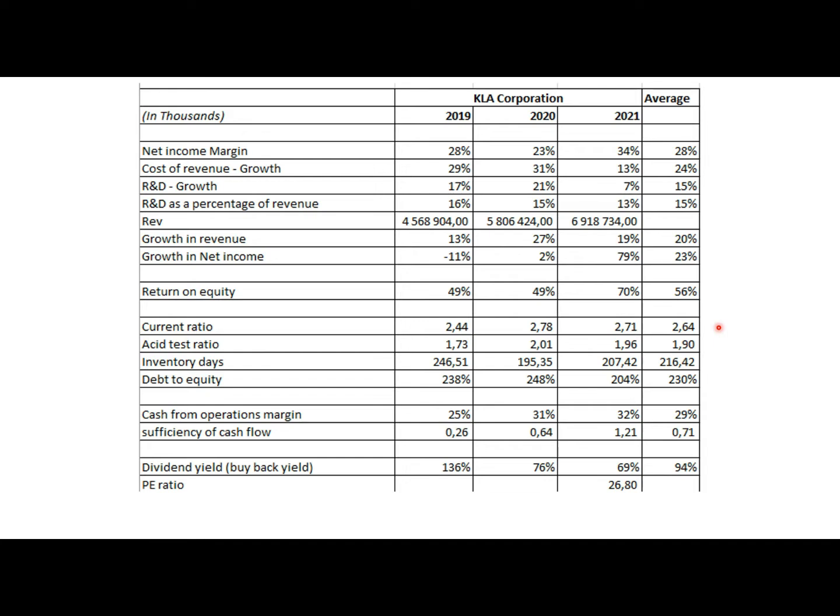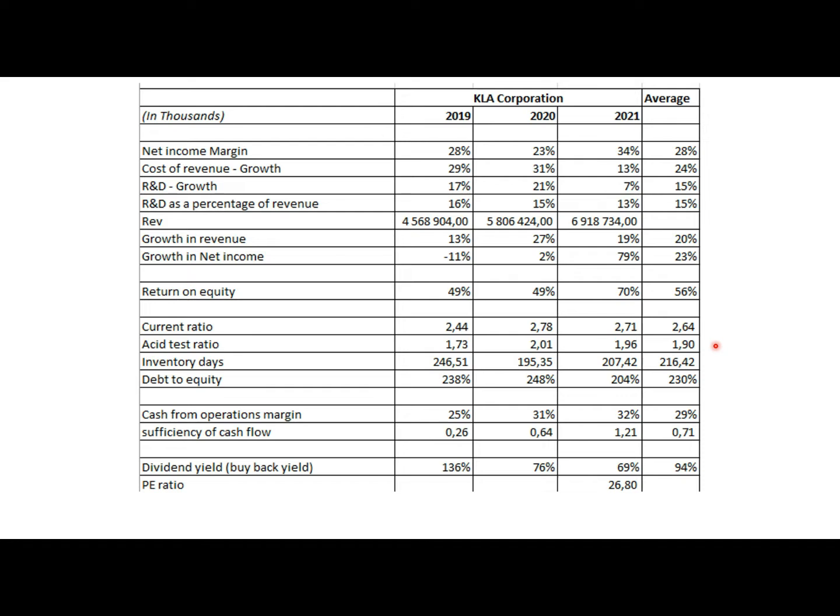Now the asset test ratio, even though it also underperformed the industry average of about 2.17, is not a bad thing, considering KLA has almost two times liquid assets, excluding inventory, because inventory is not that liquid, to settle current liabilities as and when they fall due.